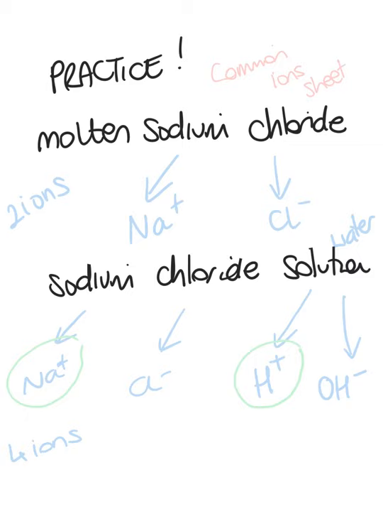The rule is that if there are two positive ions present, the least reactive ion will be discharged at the electrode. Discharged at the electrode just means that it goes to the electrode, it loses or gains electrons, and it's produced. So again, if there are two positive ions present, the least reactive of the two will appear at the electrode.